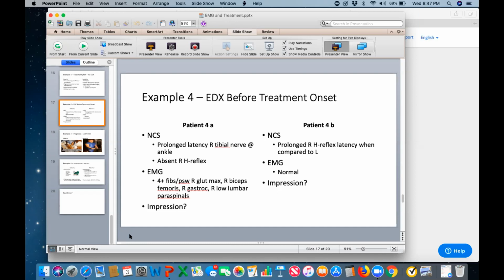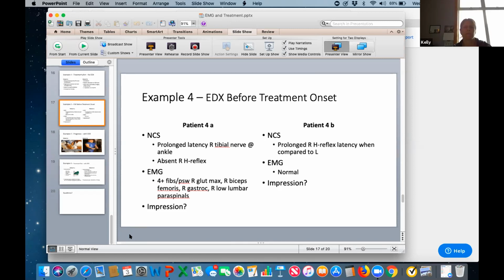Hey, John, I have a question on patient 4A. I know you said it was prolonged latency with the right tibial nerve at the ankle, and not enough information maybe to give demyelination. It's obviously not axonal loss, and I know we're talking about how we might treat it.